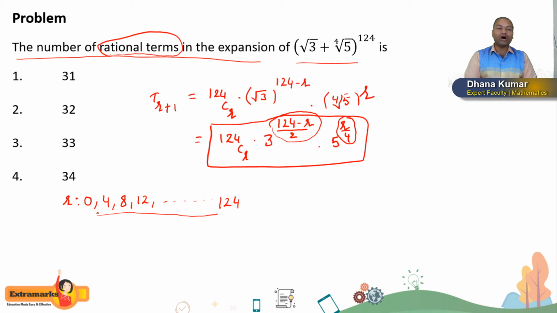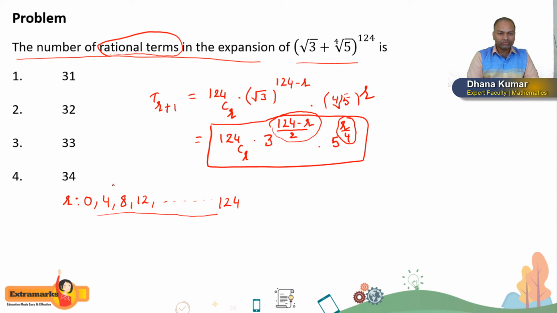Right. So for all these values, this power value is also an integer. Integer means this part is rational. So this part being rational means the complete term is a rational term. Right? So what are the possibilities here? 0, 4, 8, 12, and so on up to 124. In total how many are there?